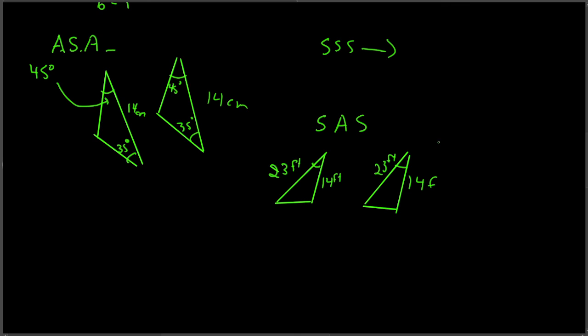If these angles are both the same, which in this case is 50 degrees and 50 degrees, these triangles are congruent. So I can trap an angle, side, angle. I can have all three sides the same, or I can do side, angle, side.